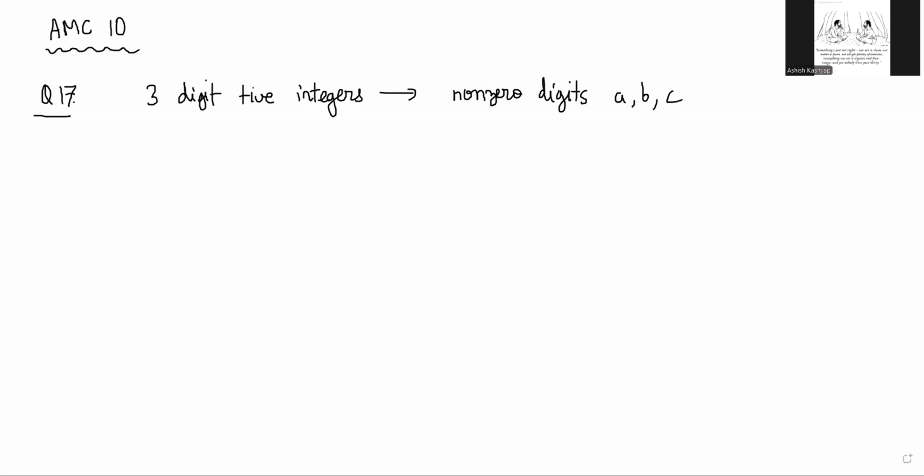They are saying 0 point ABC repeating is equal to 1 by 3 of 0 point A repeating plus 0 point B repeating plus 0 point C repeating, right?